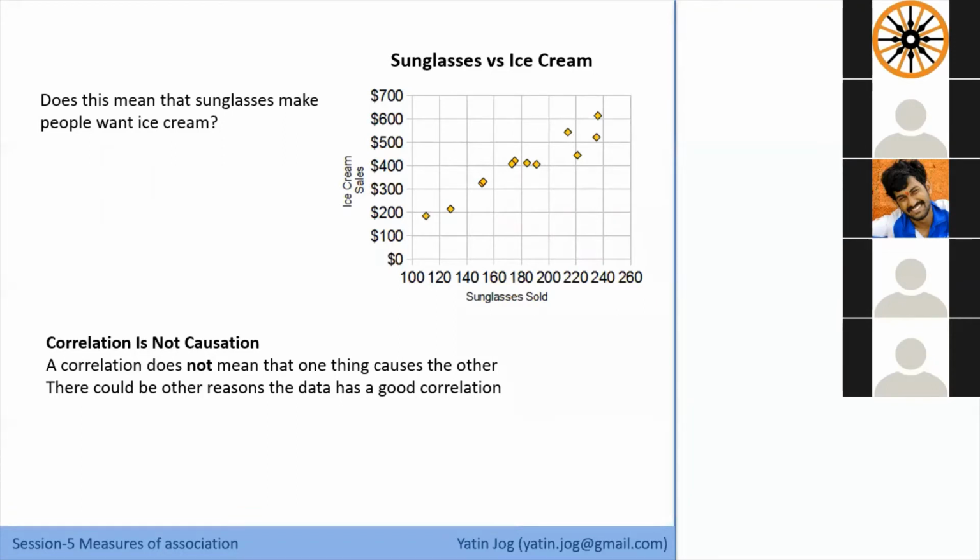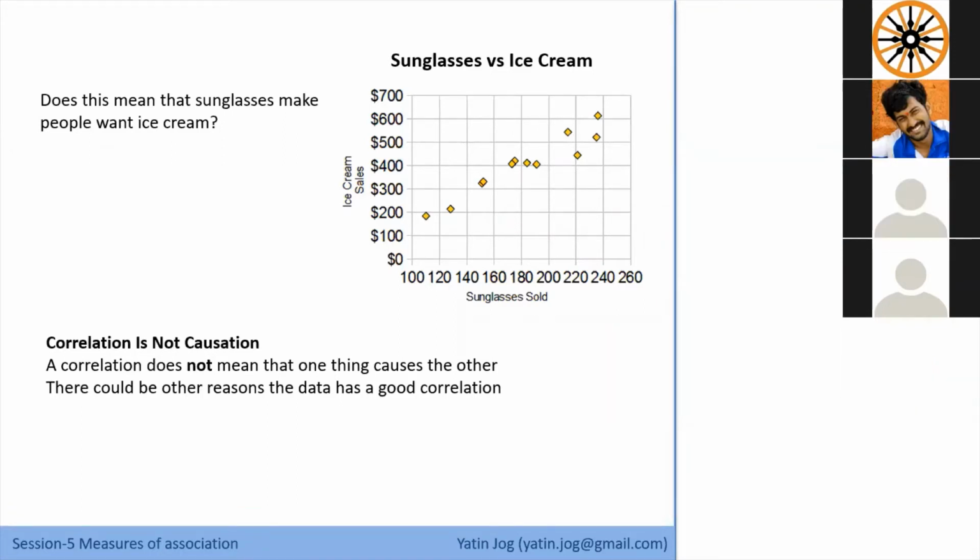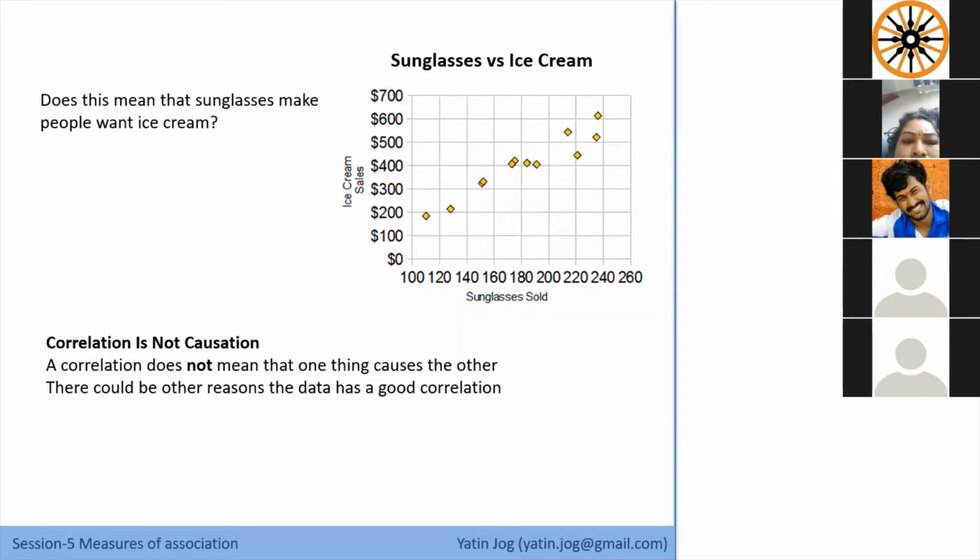There could be other reasons, external factors, that the data has a good correlation. So in statistical analysis, what we generally focus on at this level is to find the correlation between two variables. That doesn't mean that we are going to prove the causation also. We cannot use statistical analysis to prove causation.